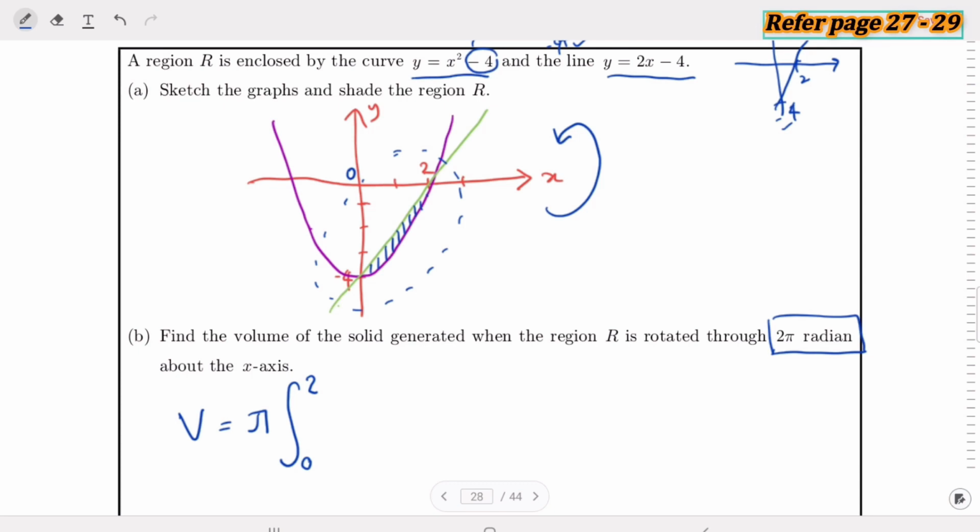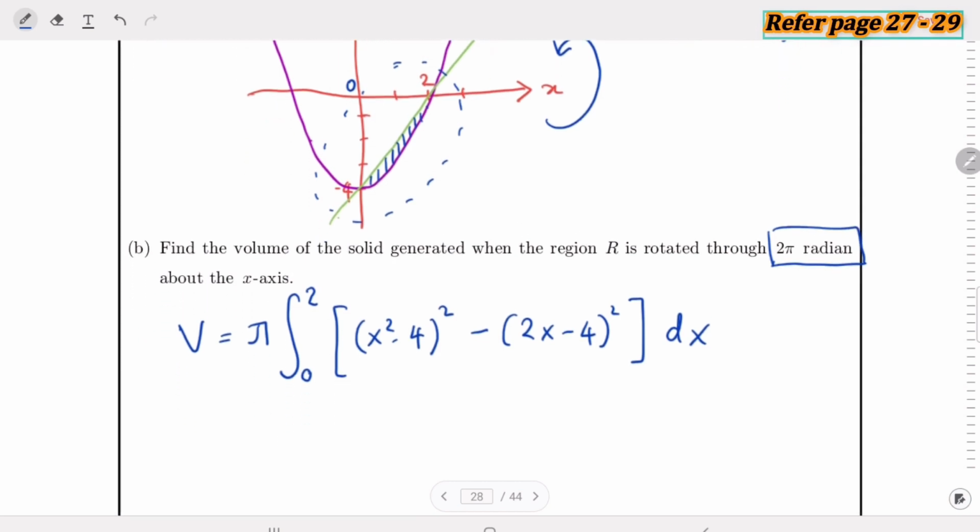The purple one, which is the quadratic, so (x squared minus 4) squared, minus the one which is nearer to the x-axis, the green one which is linear, (2x minus 4) squared dx. So we have done the most essential step.